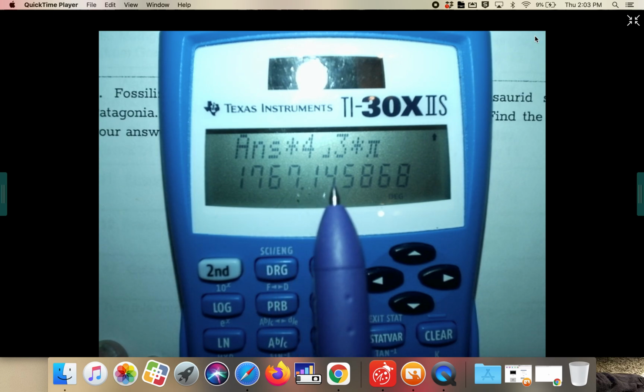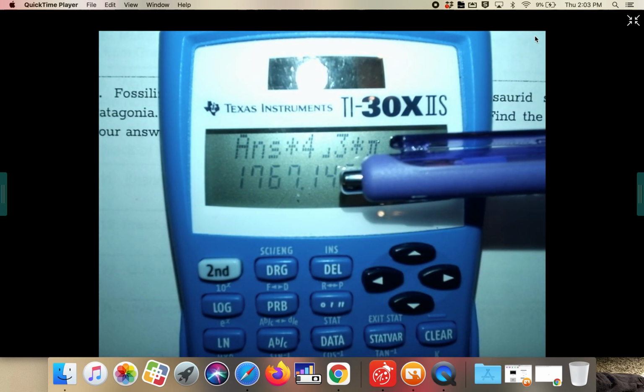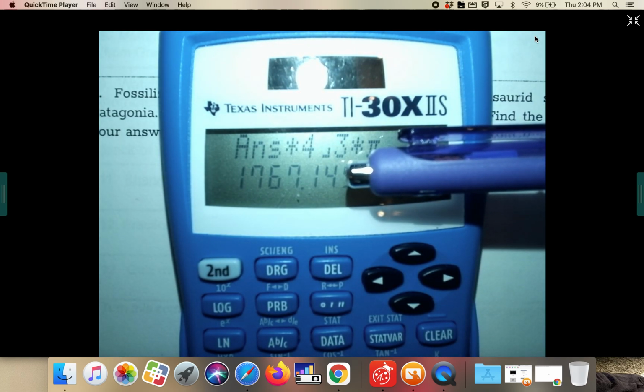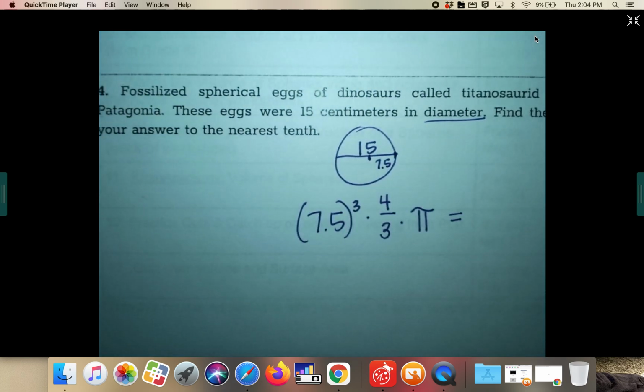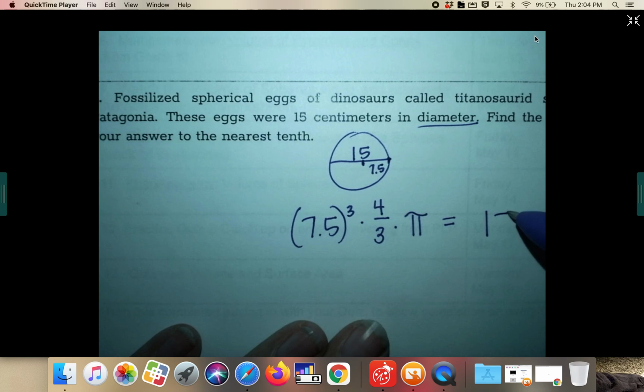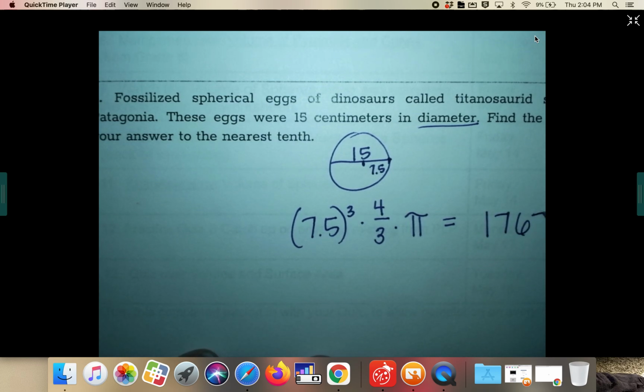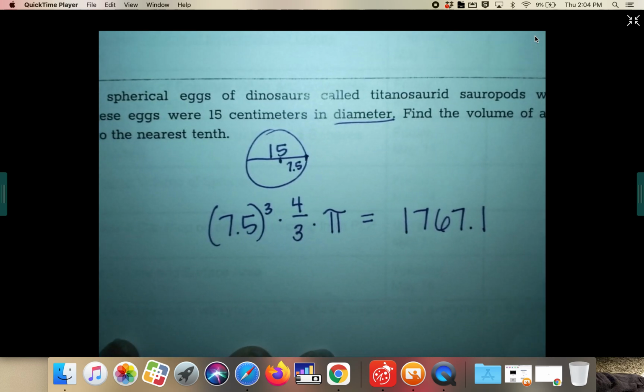It's going to stay 1. The 4 is not going to bump it up. And you don't look at any of the others. A lot of people get confused. You only look at the 4 to see what it does to the 1. All right, so our answer here is 1,767.1 cubic centimeters.